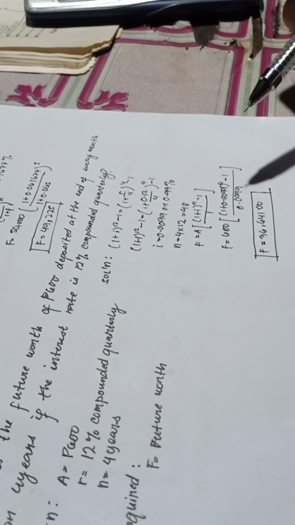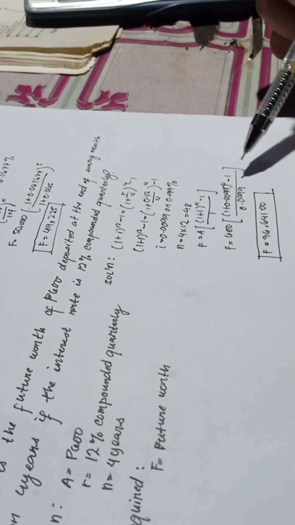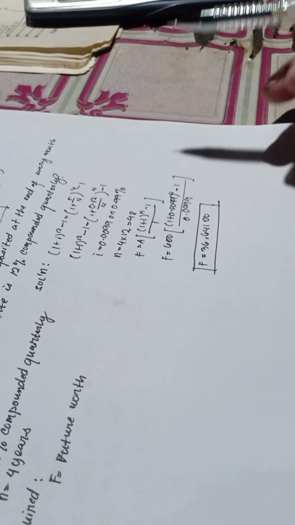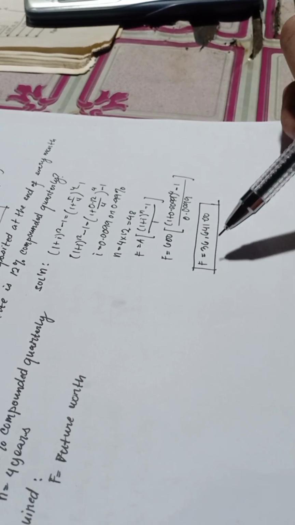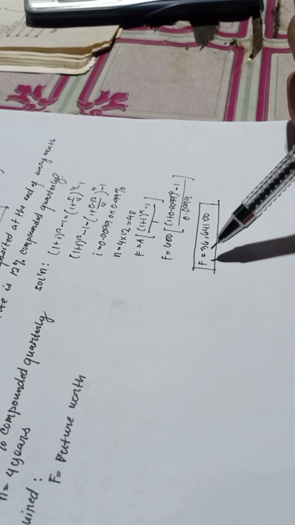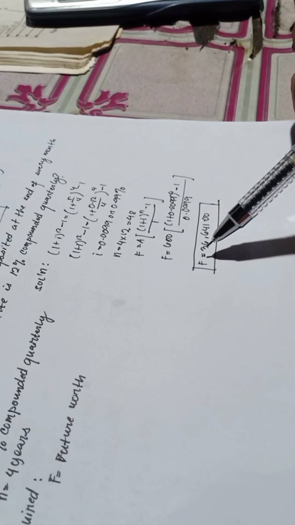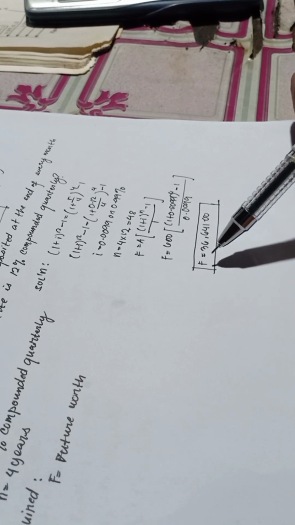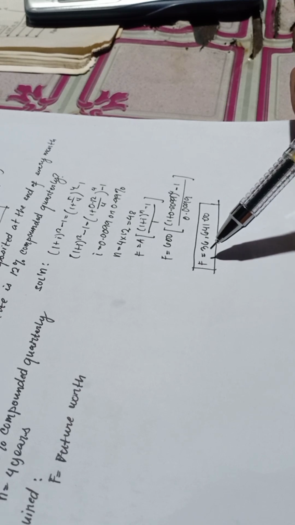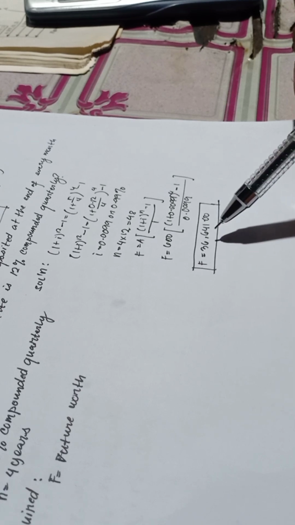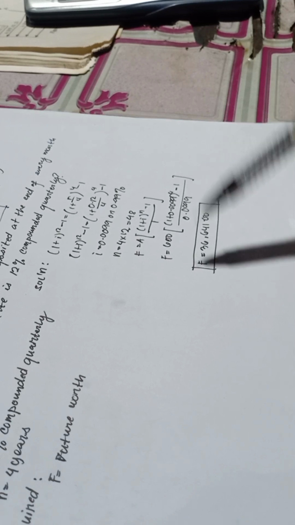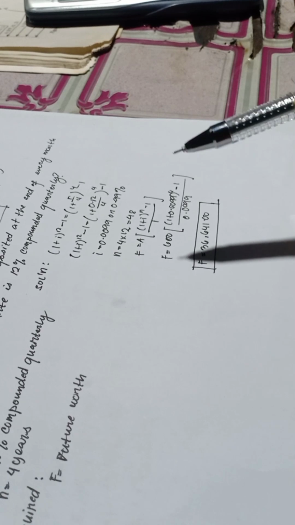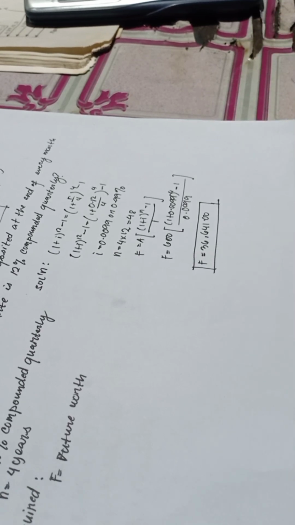So calculate that one, then we will get the answer here, which is our future worth. So F is equal to 36,641 pesos. So this is our final answer for problem number 12.